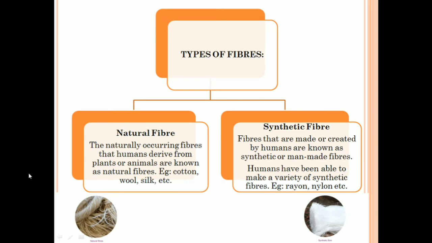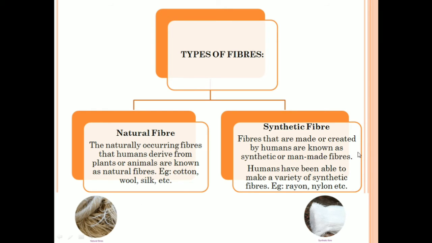Natural fibers are those fibers which are obtained from nature itself, either from plants or from animals. So they are known as natural fibers. For example, cotton, wool, silk, etc. These are the examples of natural fiber. You can see in this picture. This is the picture of a natural fiber.